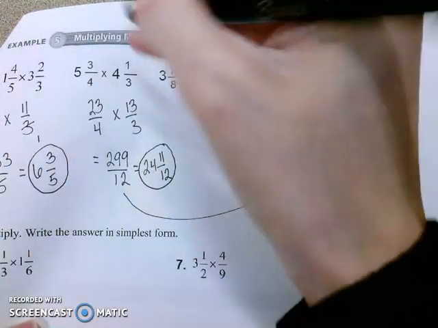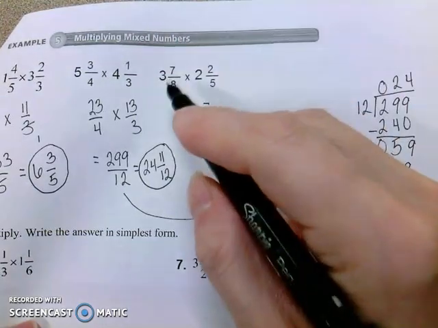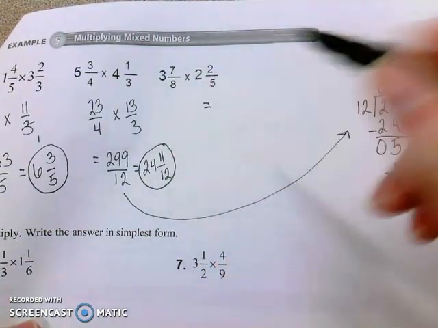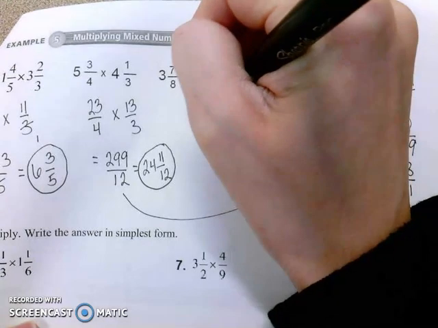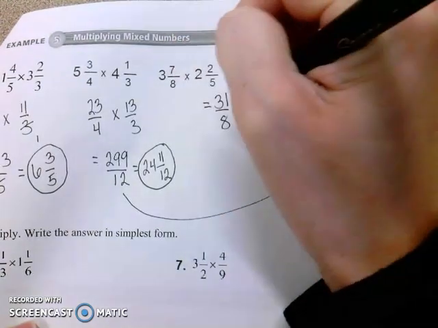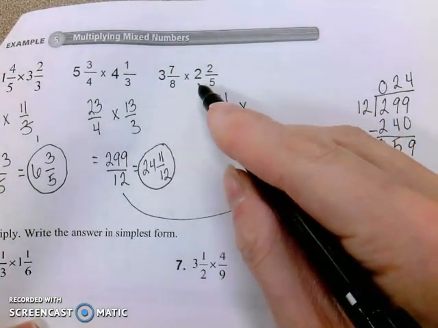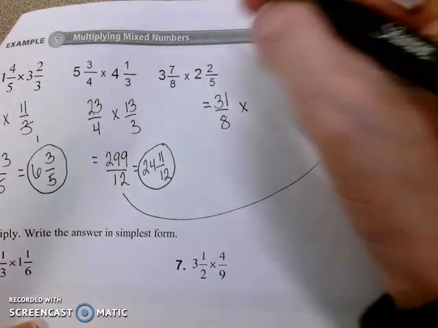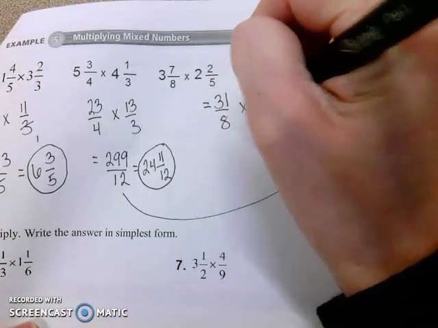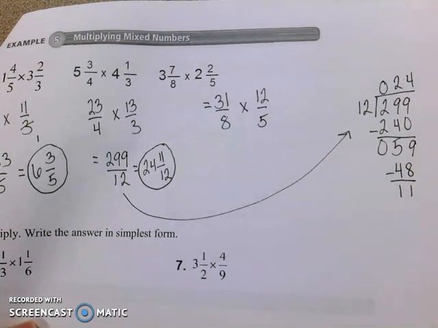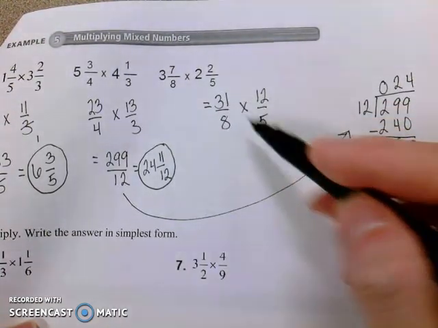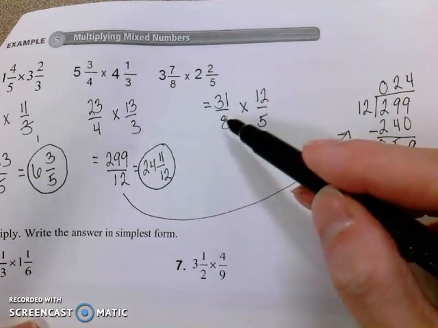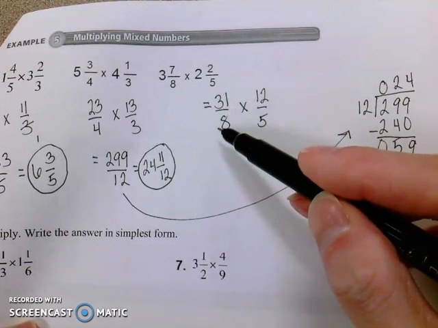Okay, last example here. 8 times 3 is 24, and I add the 7. That gives me 31 eighths. 5 times 2 is 10. Add the 2. That's going to give me 12. I can cross simplify here to avoid having to do 31 times 12. 31 and 5 don't share any common factors, but 8 and 12, they can both be divided by 4.